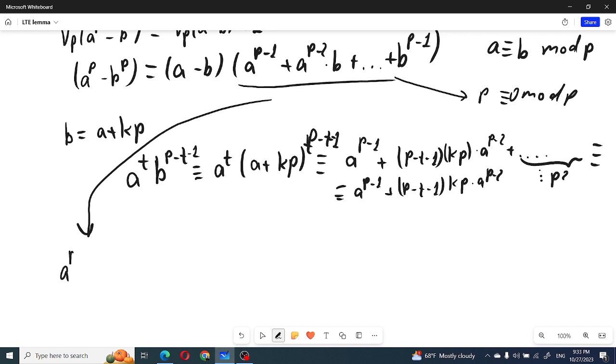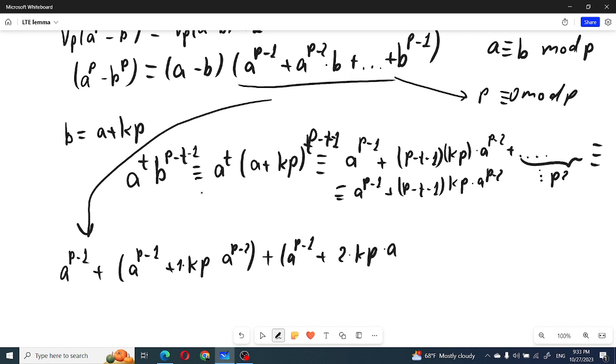Then we will get a to the p minus 1 plus a to the p minus 1 plus kp times 1 times kp times a to the p minus 2, then plus a to the p minus 1 plus 2 times kp times a to the p minus 2, and all the way up to plus a to the p minus 1 plus (p minus 1) times kp times a to the p minus 2.